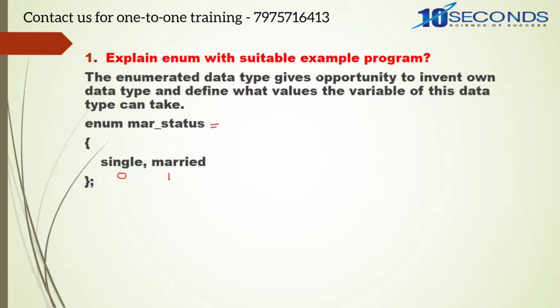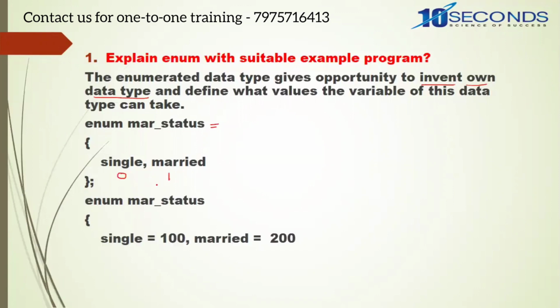So enum allows us to invent our own data type and define what values the variable of this data type can take. By default, single takes 0 and married takes 1. If you want to change the value, you can do like this: single equal to 100 and married equal to 200.